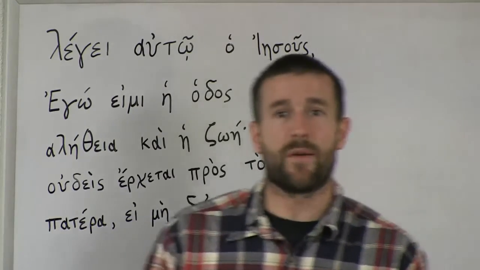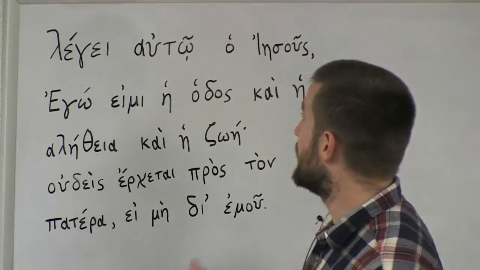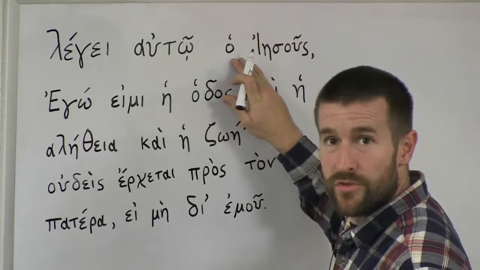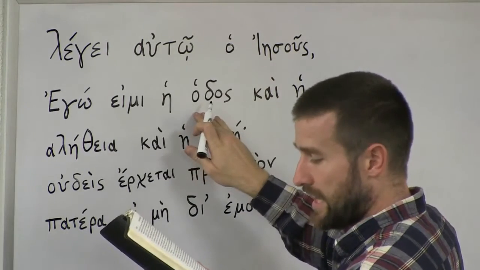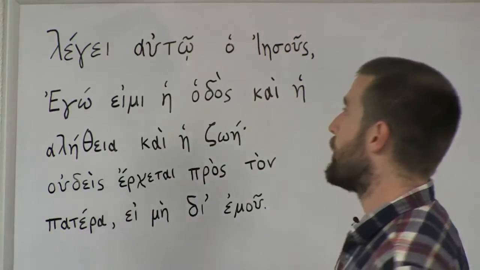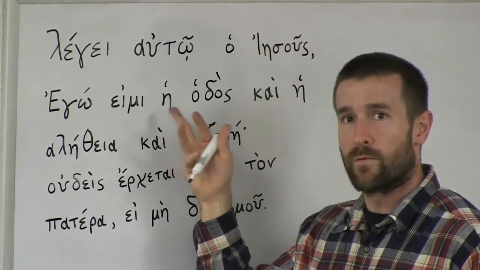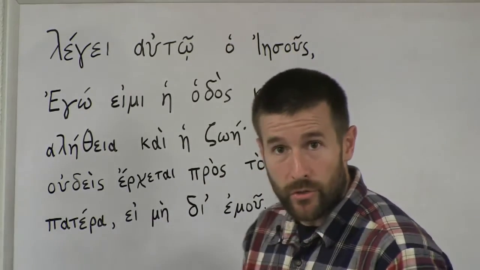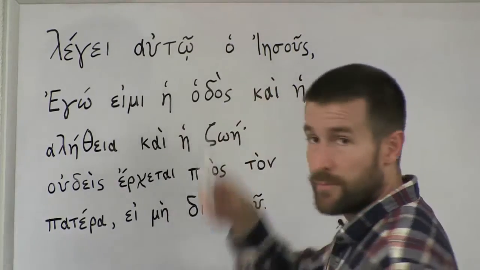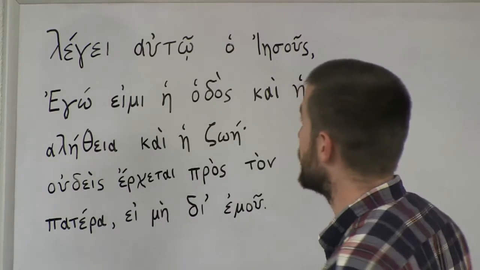Actually, masculine, feminine, and neuter is how we say it. So this right here, Isus, is obviously a masculine word, and then odos here is a feminine word, so therefore it gets a different word for the, okay? And again, we're using modern Greek pronunciation, so we're ignoring the breathing marks, which are no longer pronounced.